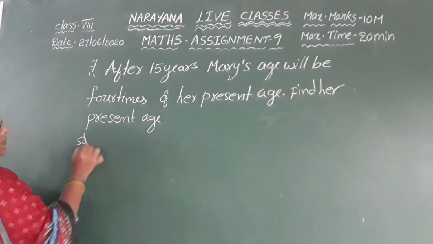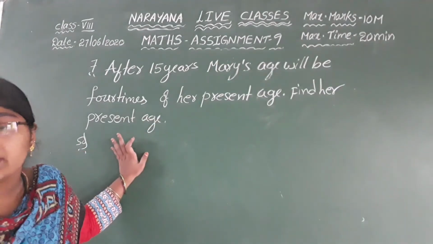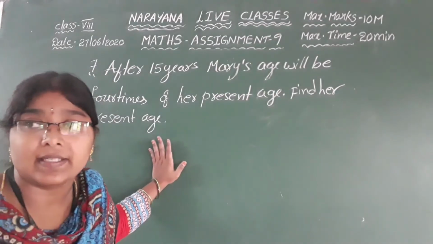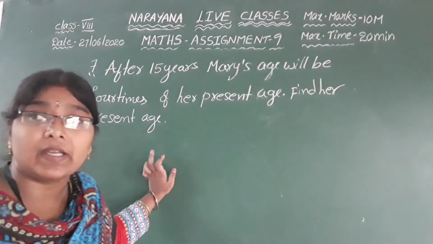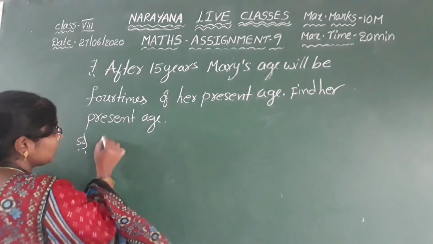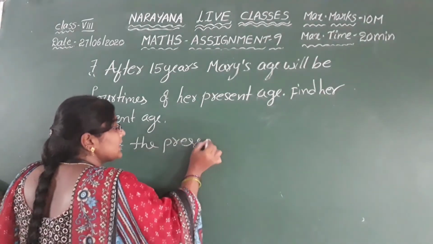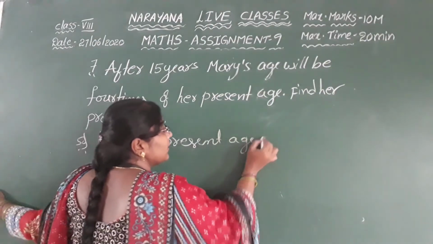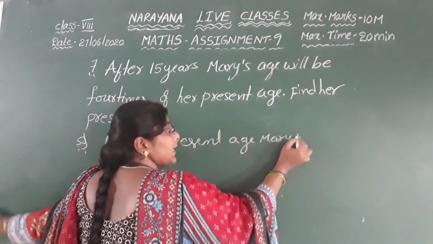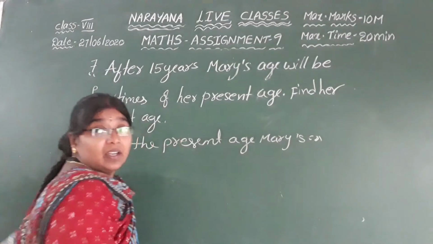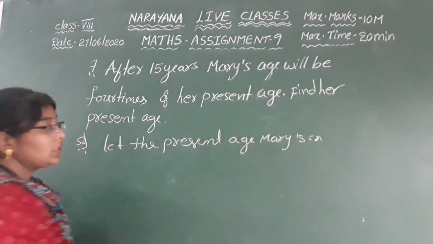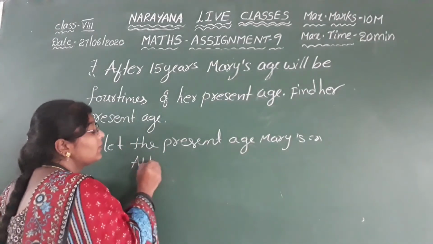Here we need to find the age. We don't know the present age, so that's why we take it as x. Let the present age be x.